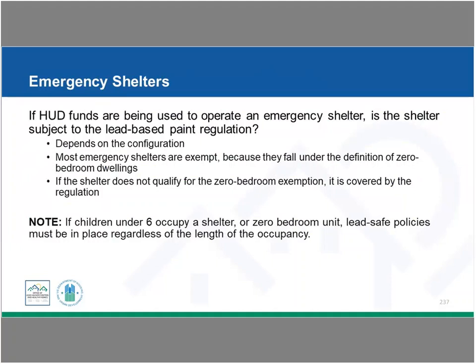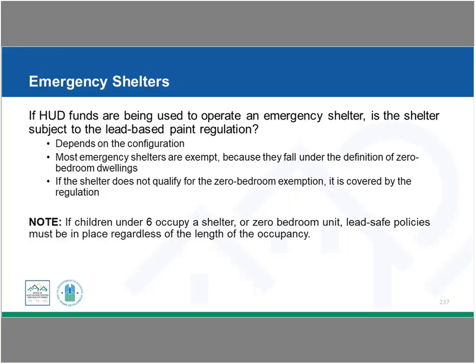So as Chris mentioned, in many cases, emergency shelters are going to be exempt because they're going to fall under this 0-bedroom dwelling. So if the living space and the sleeping areas are not separated, which we see oftentimes in emergency shelters, then they're going to fall within the exemption as a 0-bedroom unit.